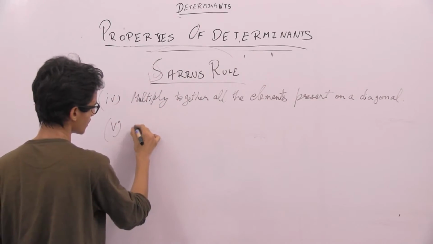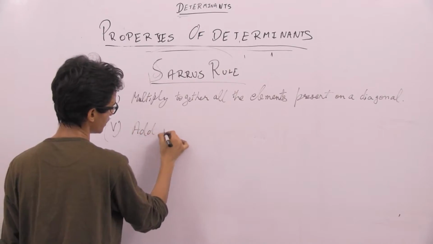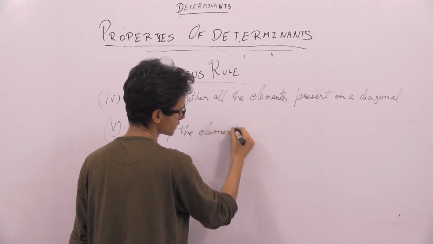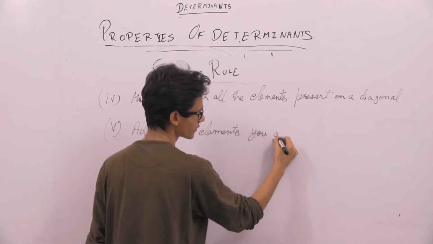Now add up the elements you got from all the diagonals.